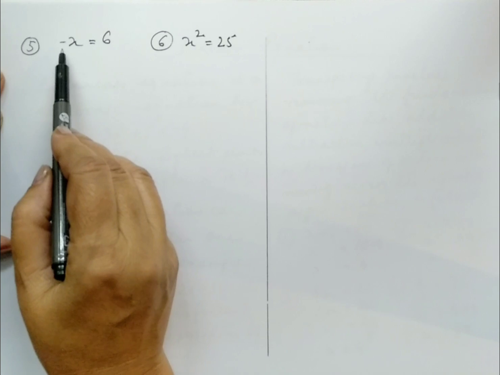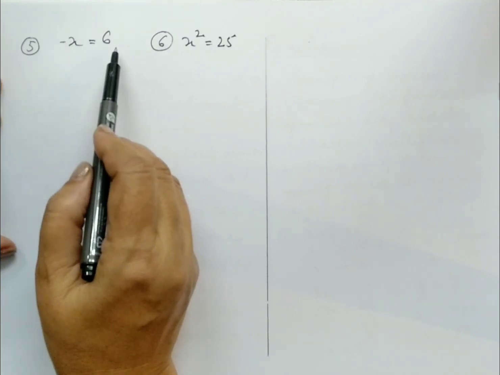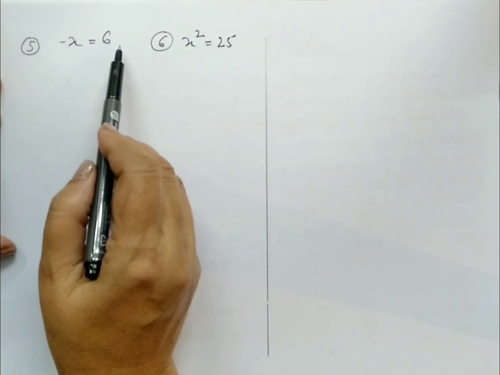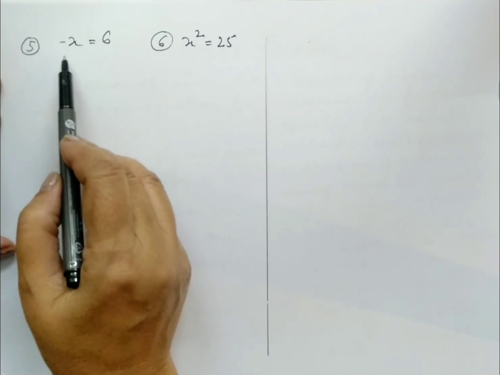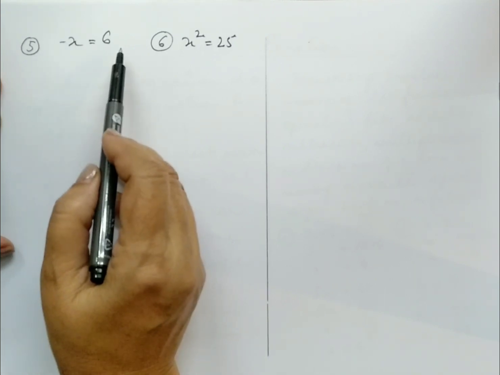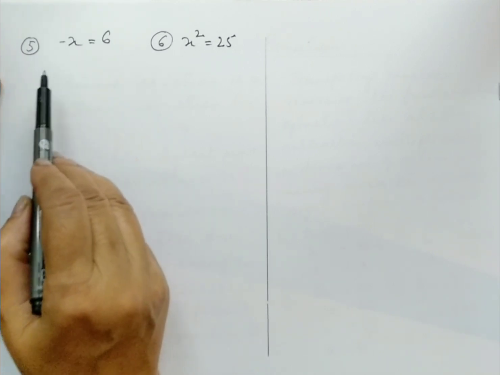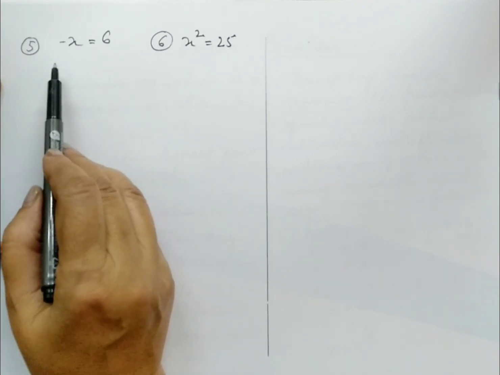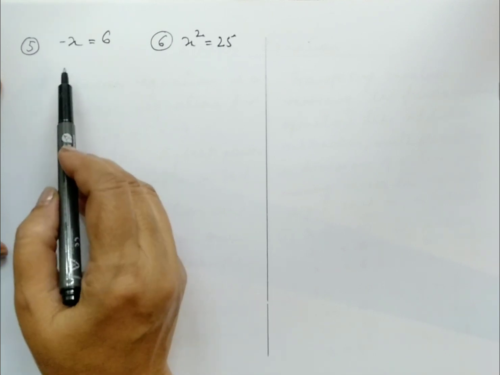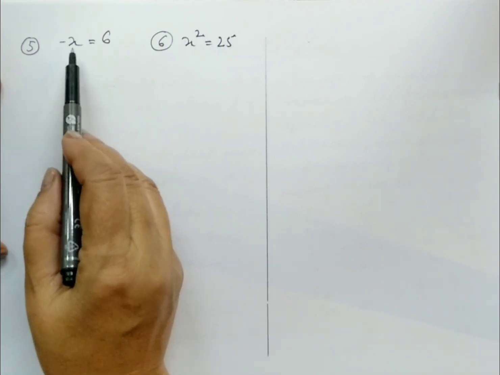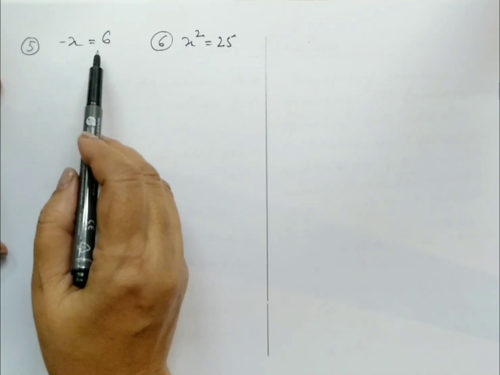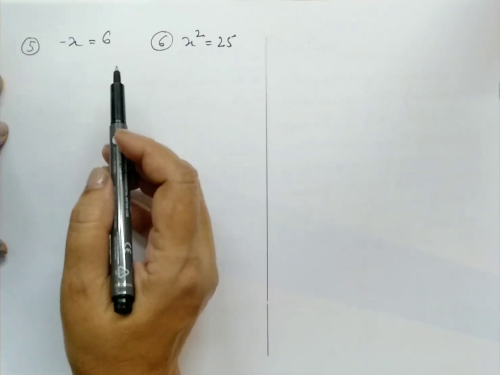If you feel that this minus goes to the other side as plus, then are you going to travel x to the other side? That is not right, because we had spoken about x being on the left hand side, and here we don't have any number. So how are we going to proceed?